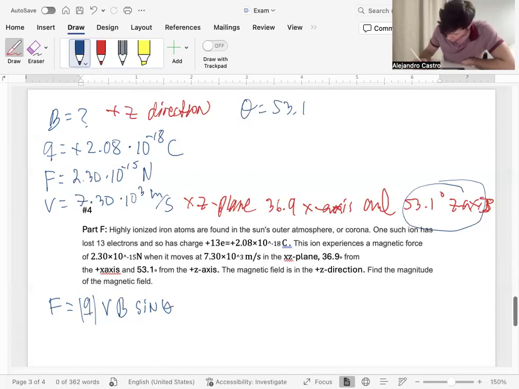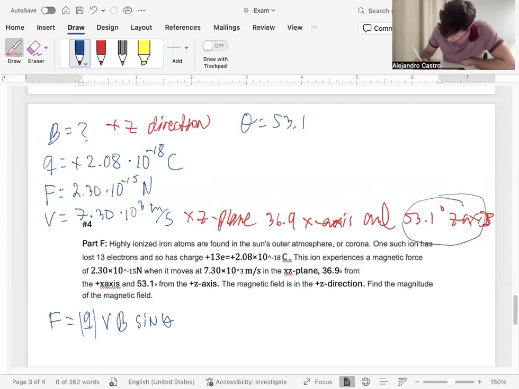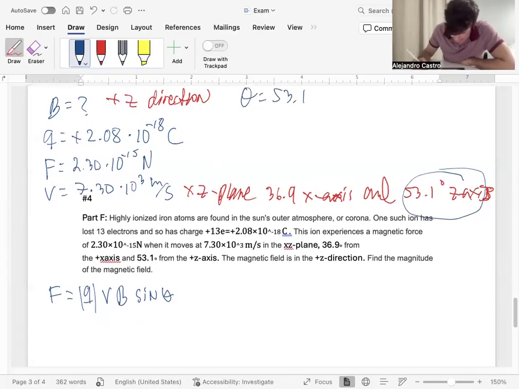I believe we have everything we need to do this one. Let's rearrange because what we need to find is the magnitude of the magnetic field.